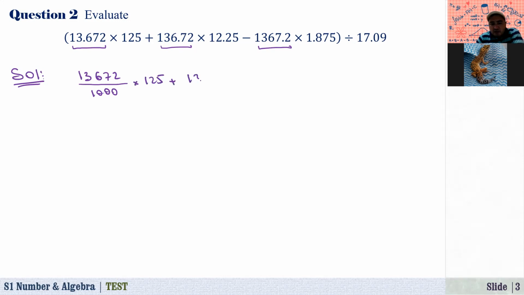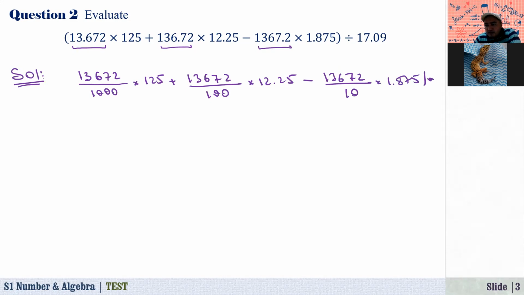And the next number is 13672 divided by 100, times 12.25, minus 13672 divided by 10, times 1.875. And here we have divided by 17.09.